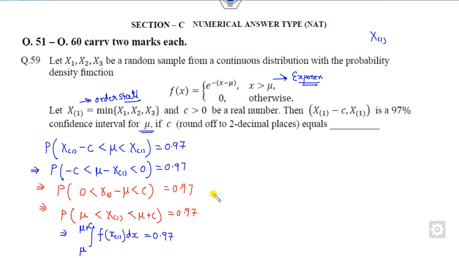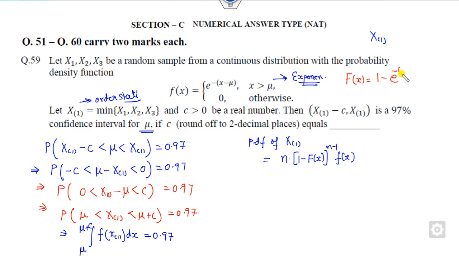Now what is the PDF of X1? We all know how you can find the PDF: n times (1 minus CDF) to the power n minus 1 times the PDF. Now clearly this is the exponential distribution. So what is the PDF of the exponential distribution?